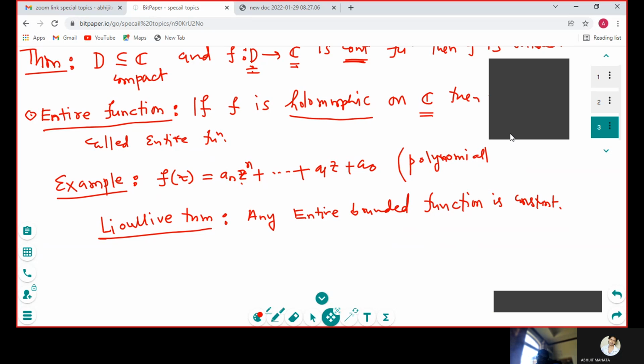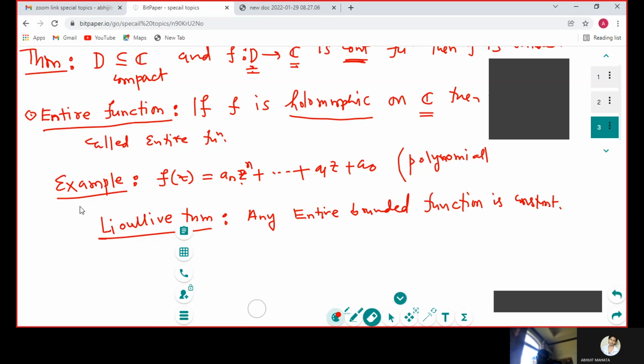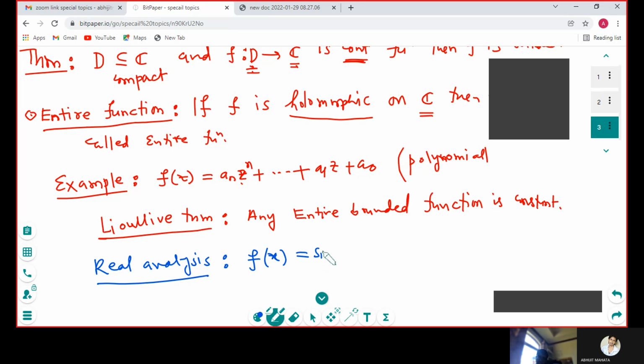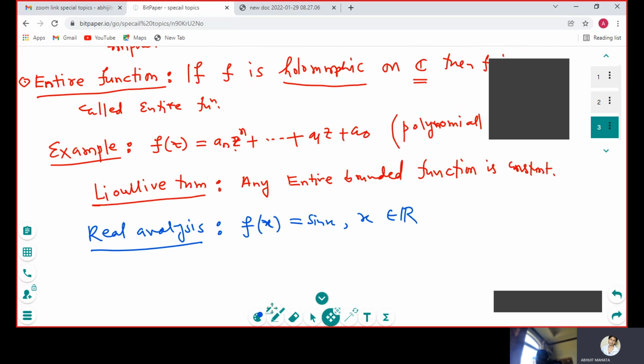But if you look at real analysis, this theorem is not true. For example, you can take f(x) equal to sin x. Now our domain is the real numbers, and this function is differentiable at every point.